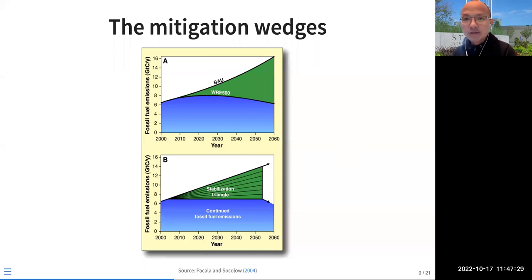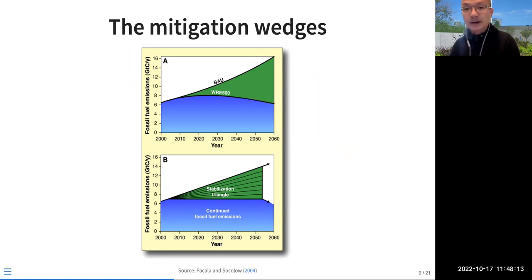So the wedges idea is really to divide the emission gap into tangible technology pathways that we can deliver. The message is very simple and strong: we have the technology, and we just need to make clear the technologies and how we can deploy them at the scale needed.